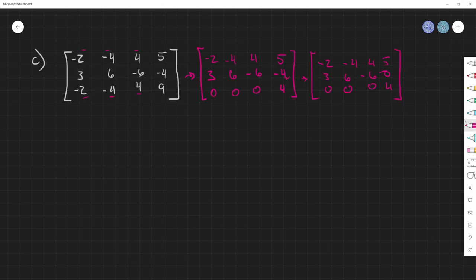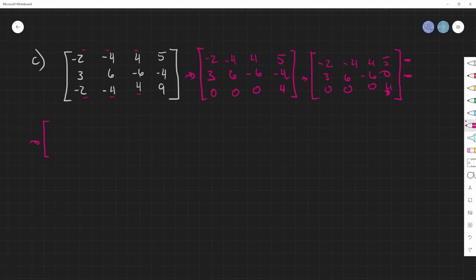Then I'm going to jump a couple of steps. What I'm going to do is divide this by 3, and then zero out this 5 with this 4.